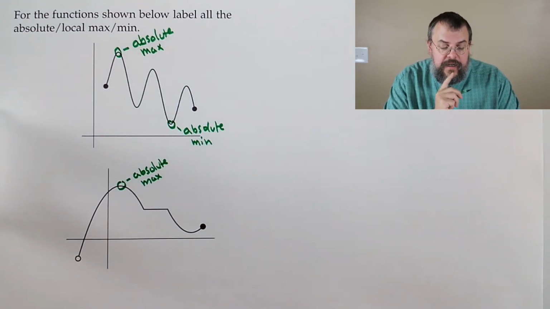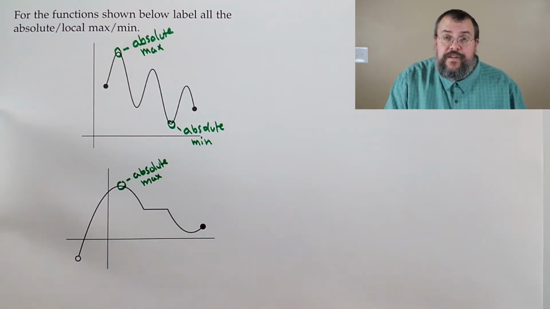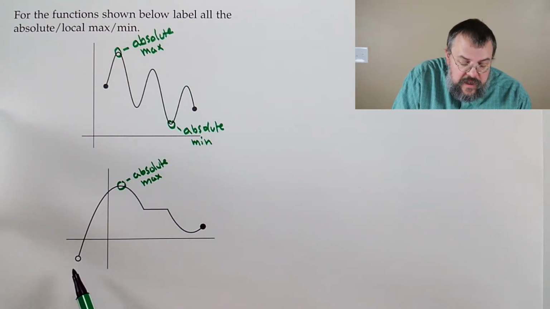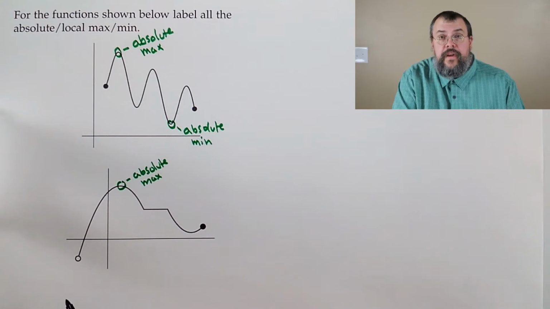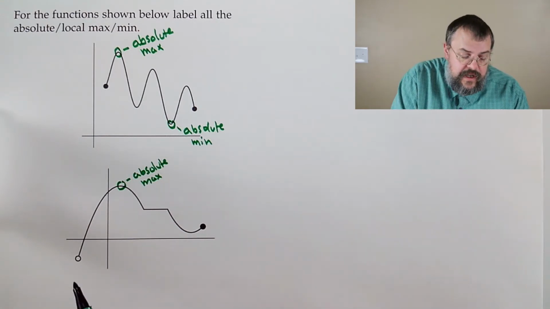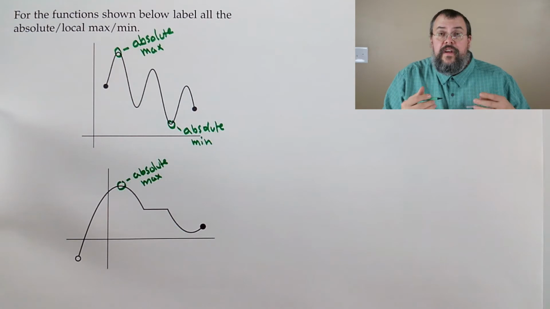Well, certainly it seems to be over here if it's anywhere. But what's the problem? We'd like to say it's right there, but notice this circle. It's an open circle. An open circle is indicating that this function is not defined at this point, but it's defined just below it. Now, what does that mean?